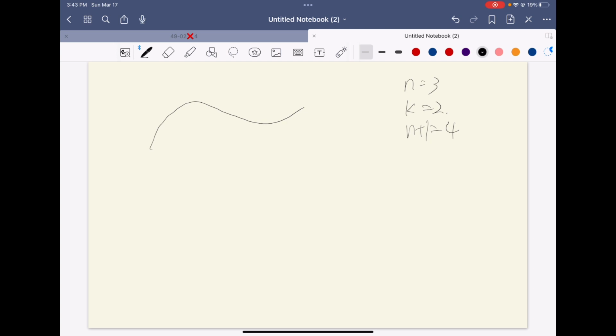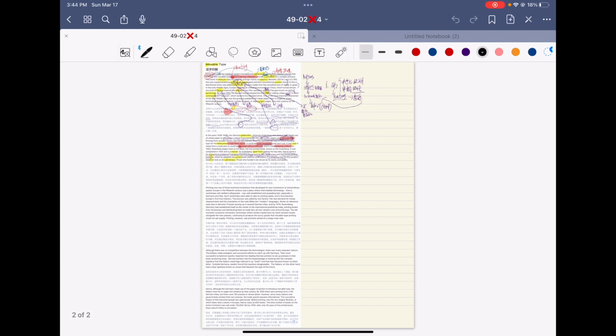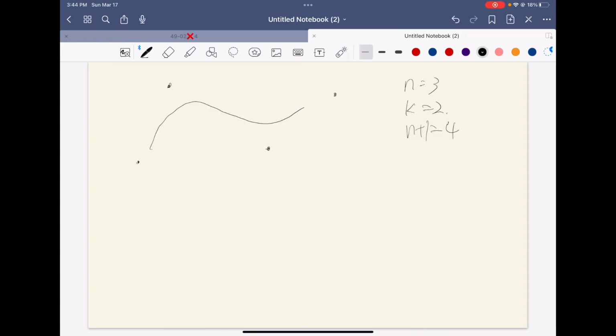So the control points will be like this. This is the periodic case, so the control points will be like this: P0, P1, P2, P3.